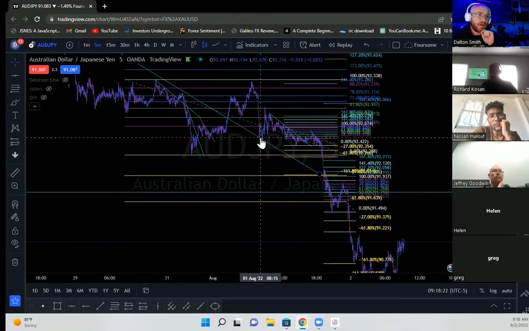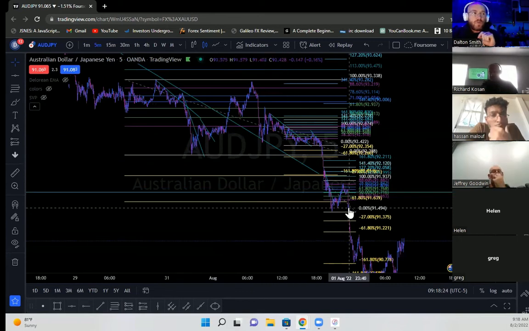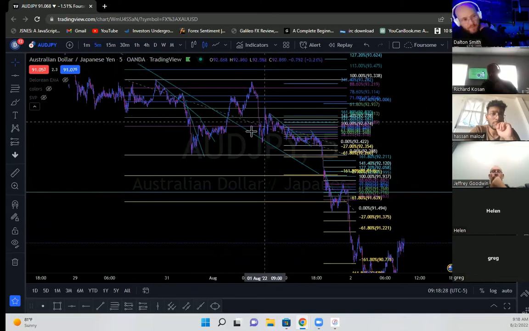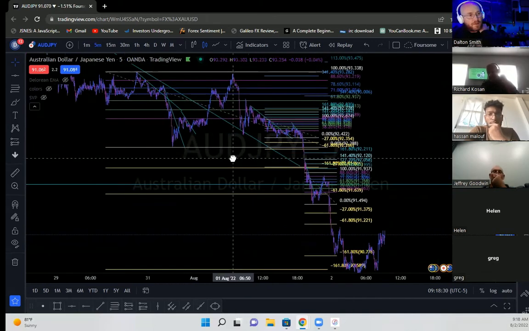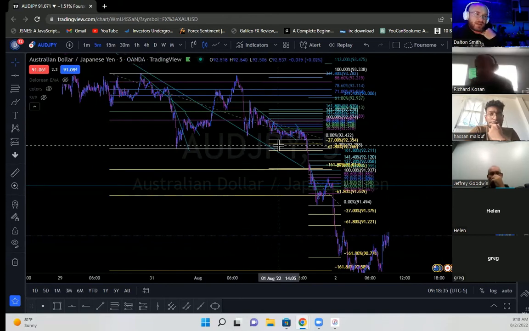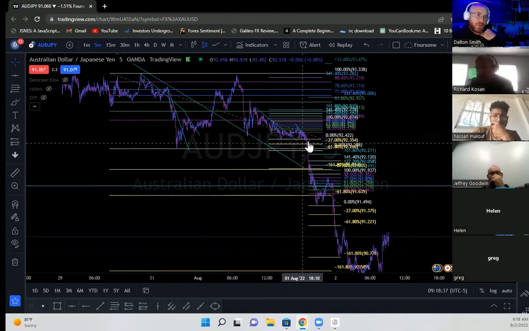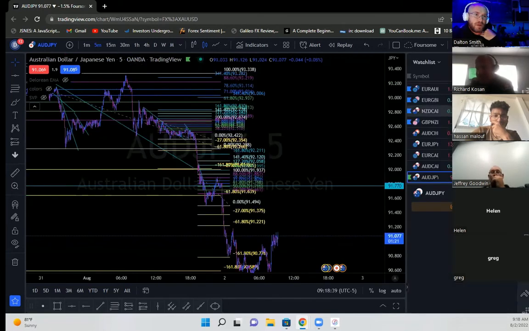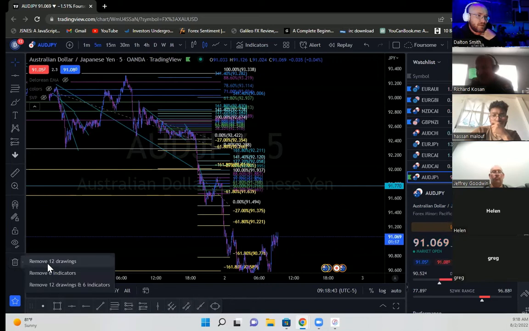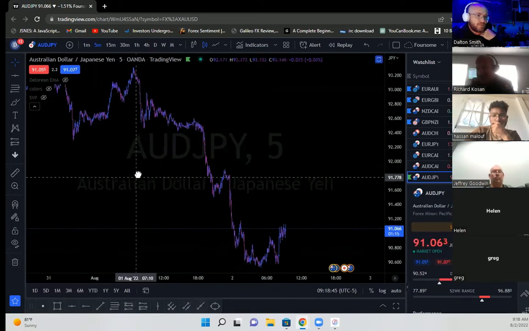Oh, look at this little Gartley pattern right here. Or that's a cipher, I mean. So you can put it anywhere as long as your 100% doesn't get busted. Okay, let me delete this. There we go.